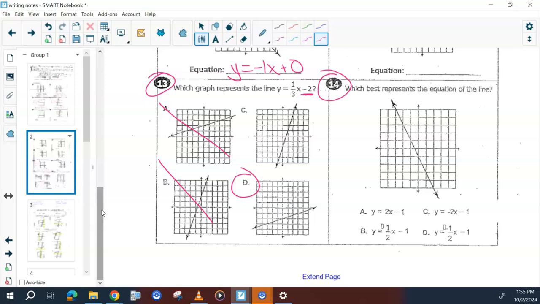A and B. And then is this slope -2 or -1/2? -2, because it's steeper. And if we count it, we're going down two to the right one. So C. Yes. When he goes back, yes.